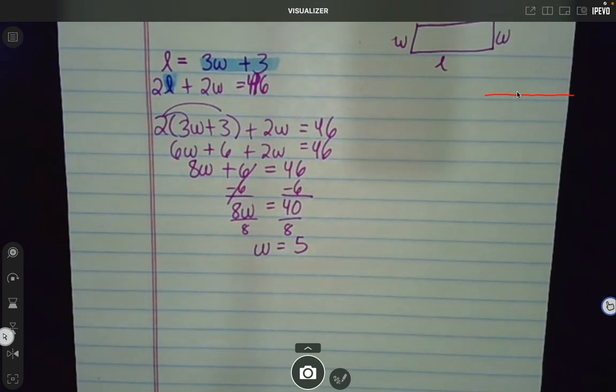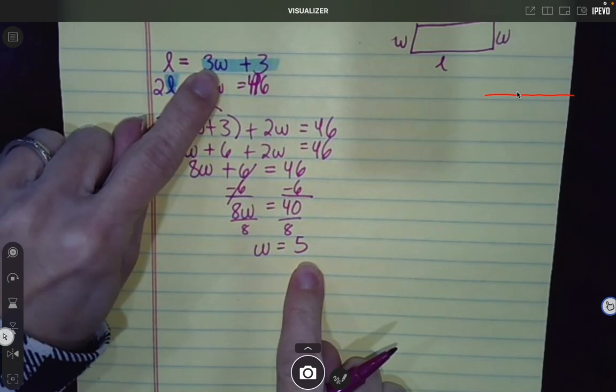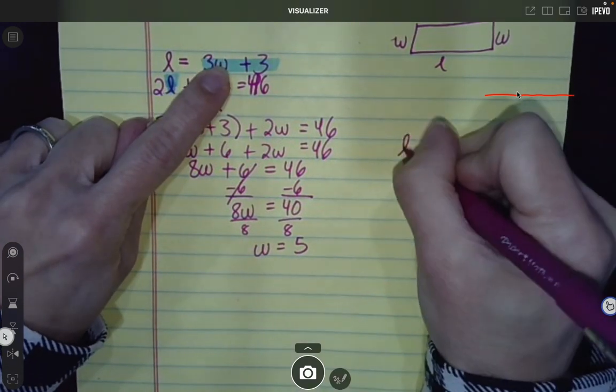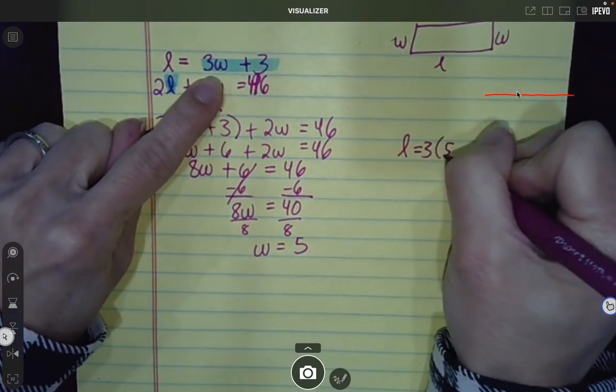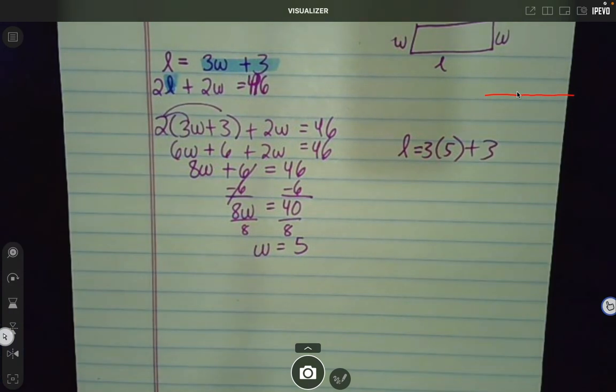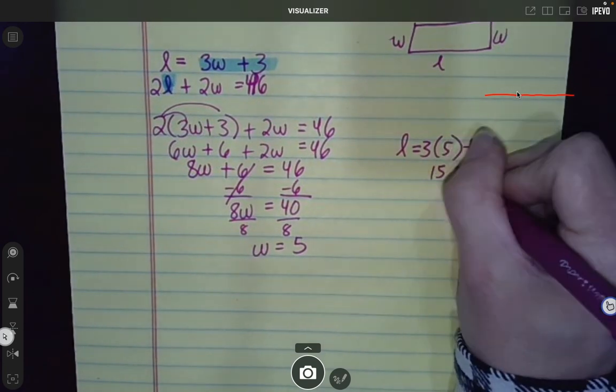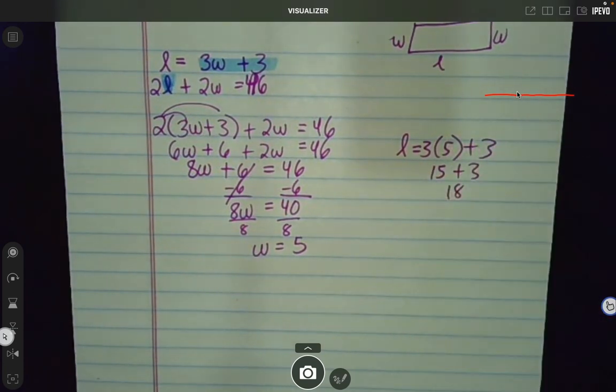So I can't tell, it's either B or it's D. How would I find the length? Plug it in. If I know the width is 5, I can just find my length right here. 3 times 5 plus 3. What is that? 3 times 5 is 15. Plus 3 is 18. So that's my length.